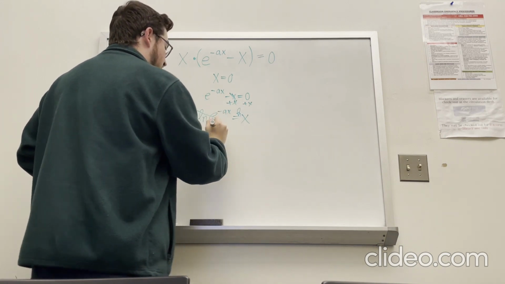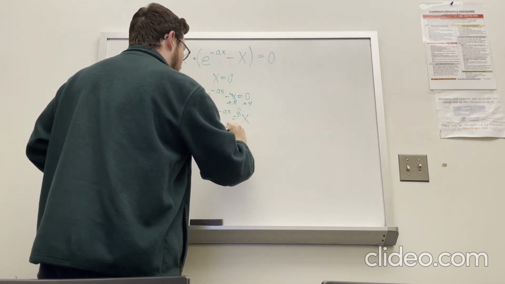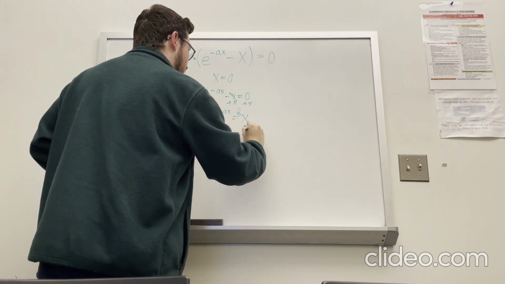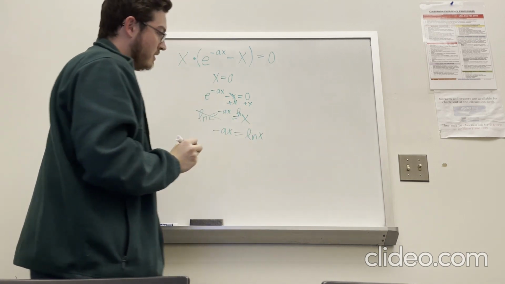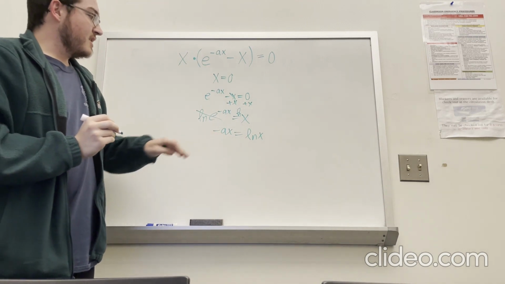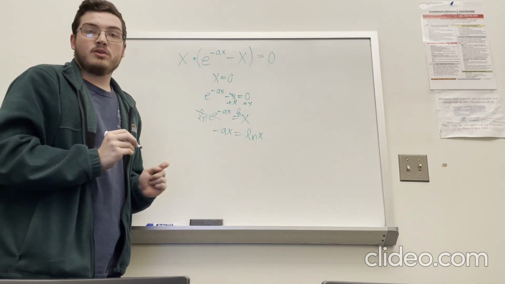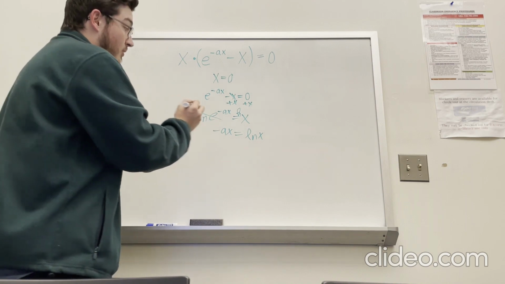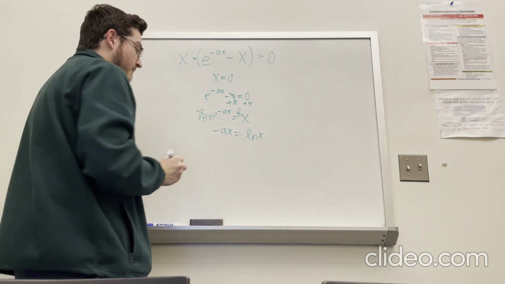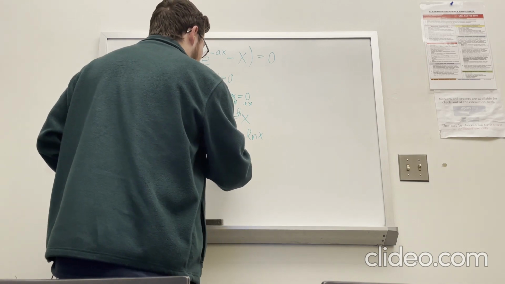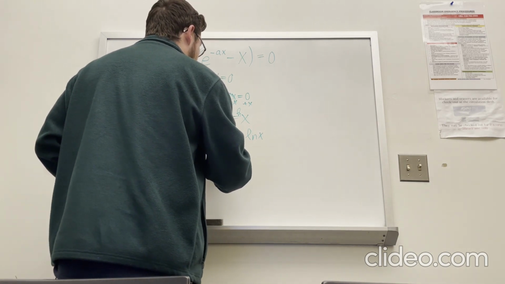That gets rid of the e, and we're left with -ax equal to the natural log of x. The only way that we can get this a to be by itself is by dividing both sides by x.